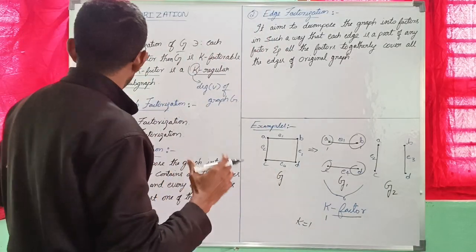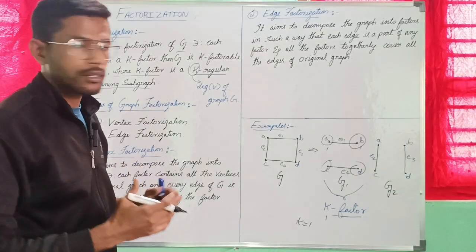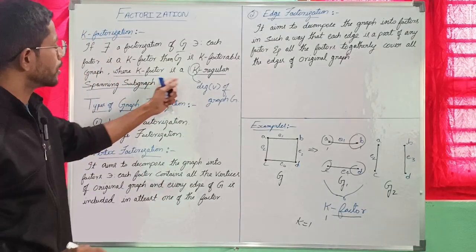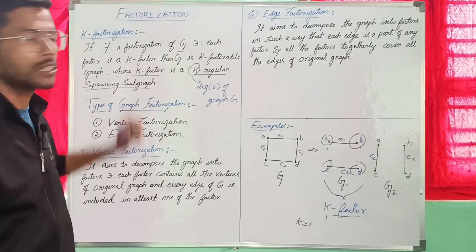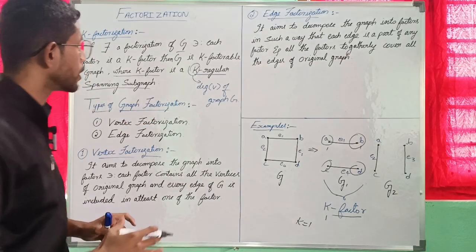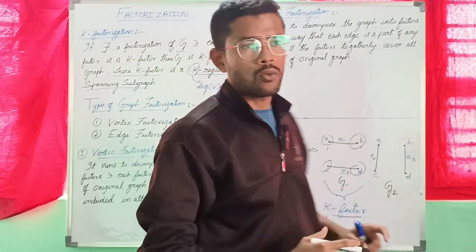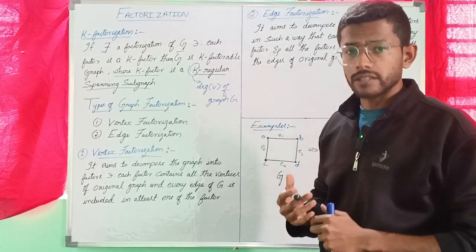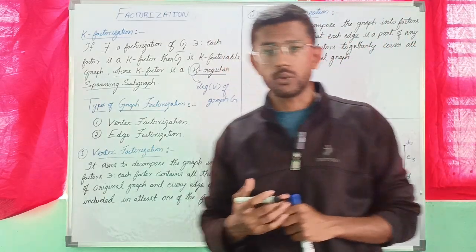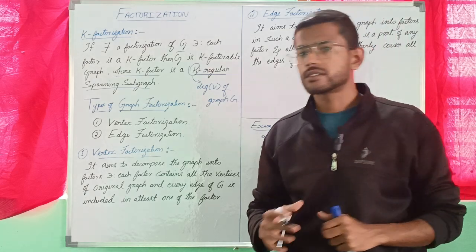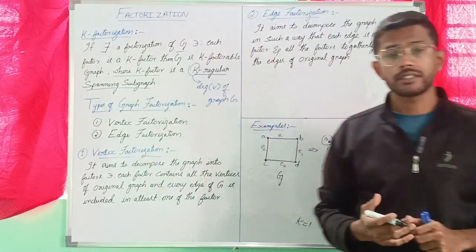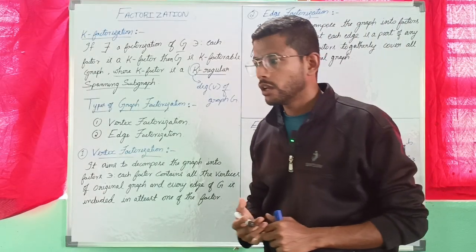And there is a condition here: a k-factor is a k-regular spanning subgraph. What is this k-regular spanning subgraph? In the previous lecture video, I explained the regular spanning subgraph and spanning subgraph definitions.